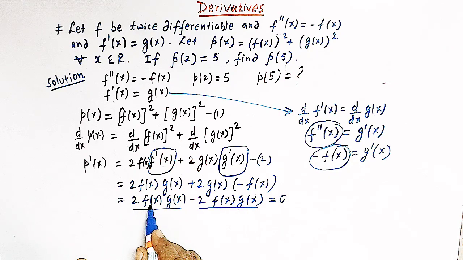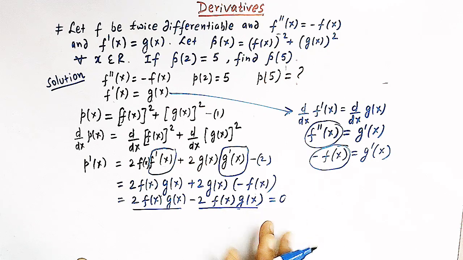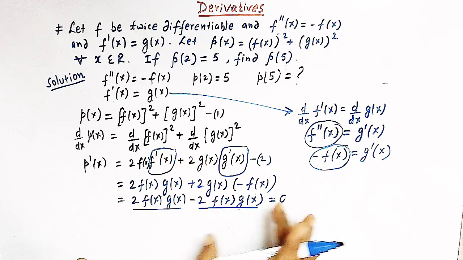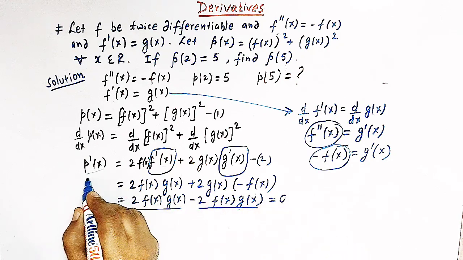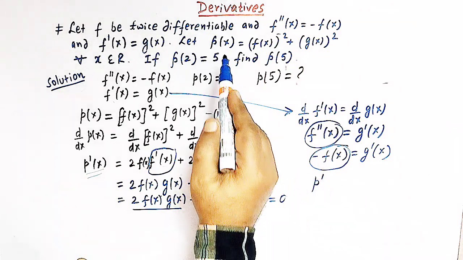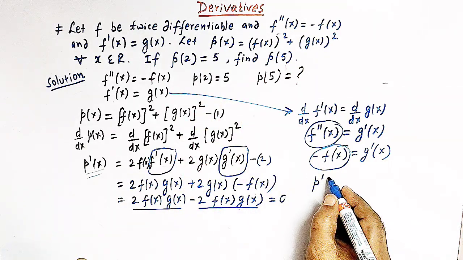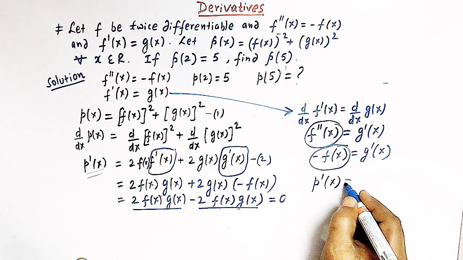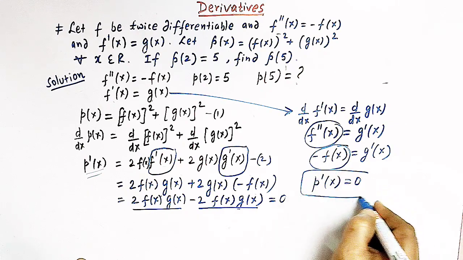So 2 times f of x g of x minus 2 times f of x g of x, the difference is equal to 0. So we have arrived at an important result, that is the derivative of the function p of x, that is p prime of x is equal to 0.